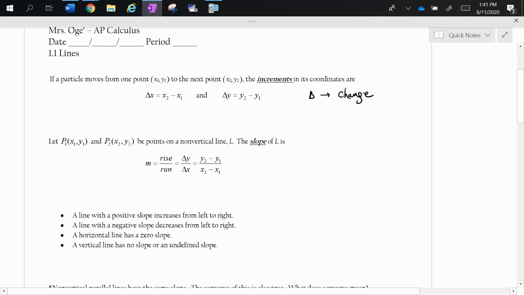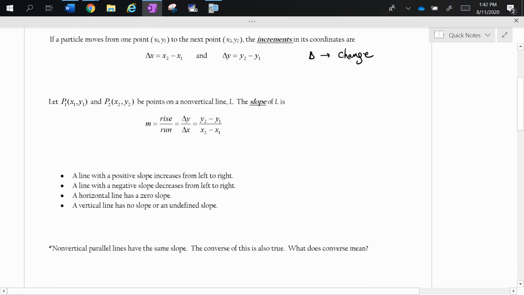So if we let 2 points, point 1 and point 2, be points on a non-vertical line, then we say that the slope of this line, which we'll call L, is symbolized by m, and it's the rise over the run. It is also the delta y divided by the delta x, which stands for the change in y divided by the change in x. And then that's where we get our slope formula.